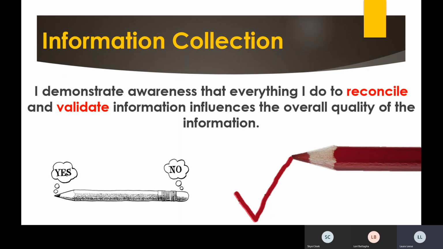So it is important for us to really listen and collect the information that we are given from them. But it's also important for us to demonstrate that awareness of when we also have to reconcile and validate. Is the information they're giving us accurate? Is it almost accurate? Or do we need to go back and clarify because something is missing? That is really important because what we are about to put into our family assessments and our progress updates, as well as safety plans and case plans, comes from the quality of information we're able to obtain from our families.